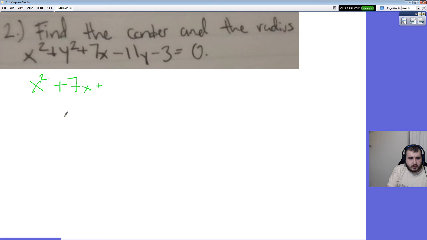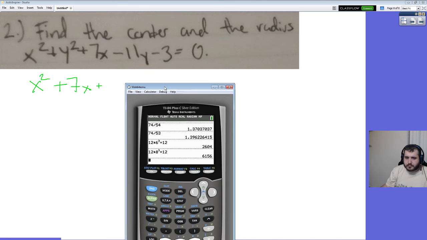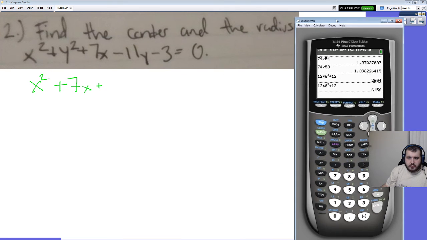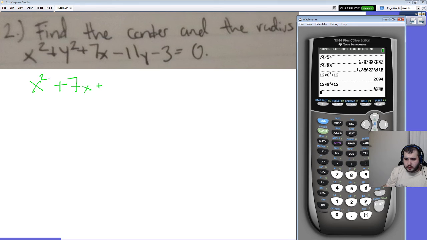3.5 is our, so automatically I'm reaching for a calculator because I don't have time to take 3.5 and square it. That's okay. So I look over here, I'm just going to do it 3.5 squared. I get 12.25.